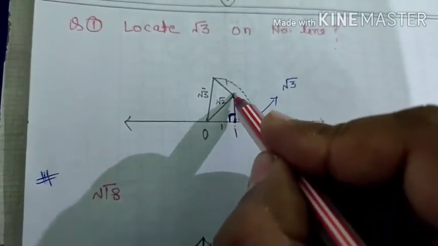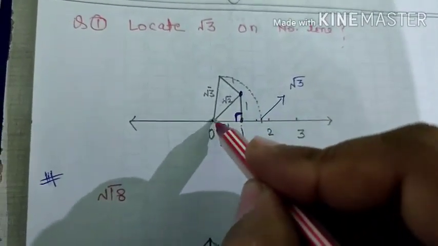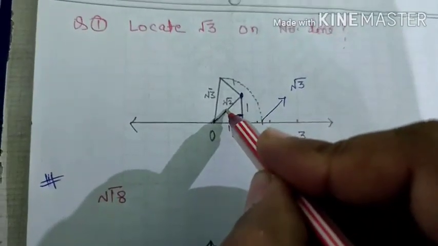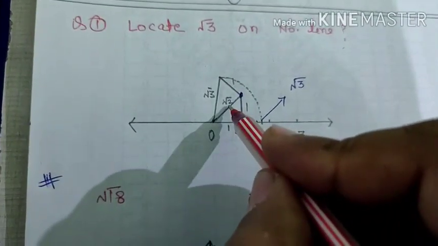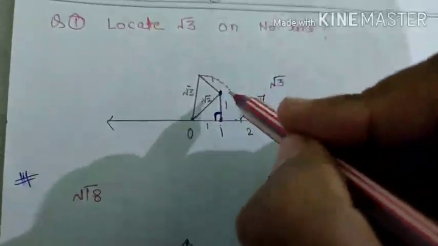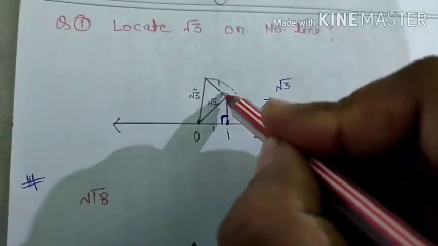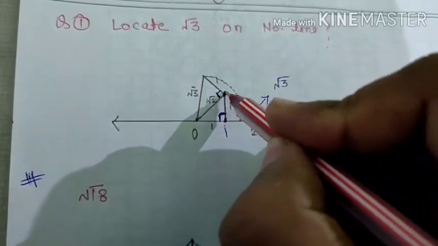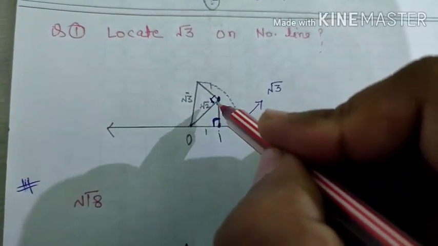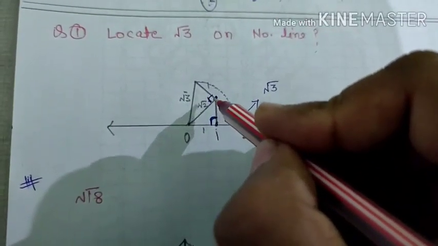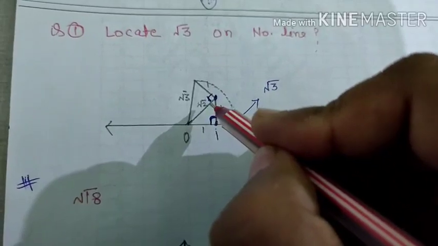If you join these 2 points, you will again get root 2 as we have got in the previous example. Now again make a perpendicular at this point once again. Let's do it together, just pause the video and do it with me.